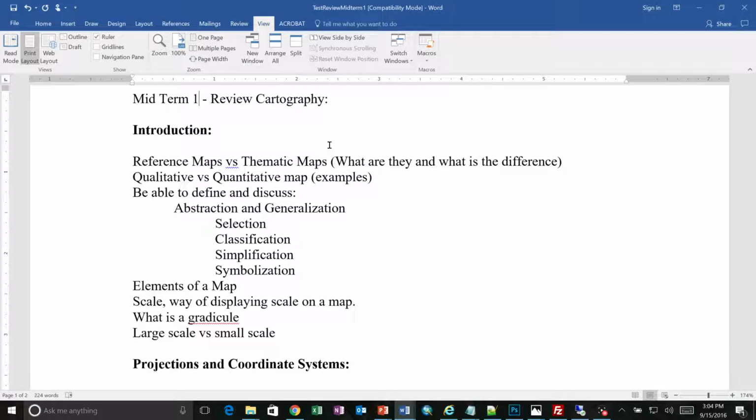Sometimes you might see it written like this, 1:10,000. Sometimes you might see it written like this, 1/10,000. You can see it written either way. Those are both equivalent statements.